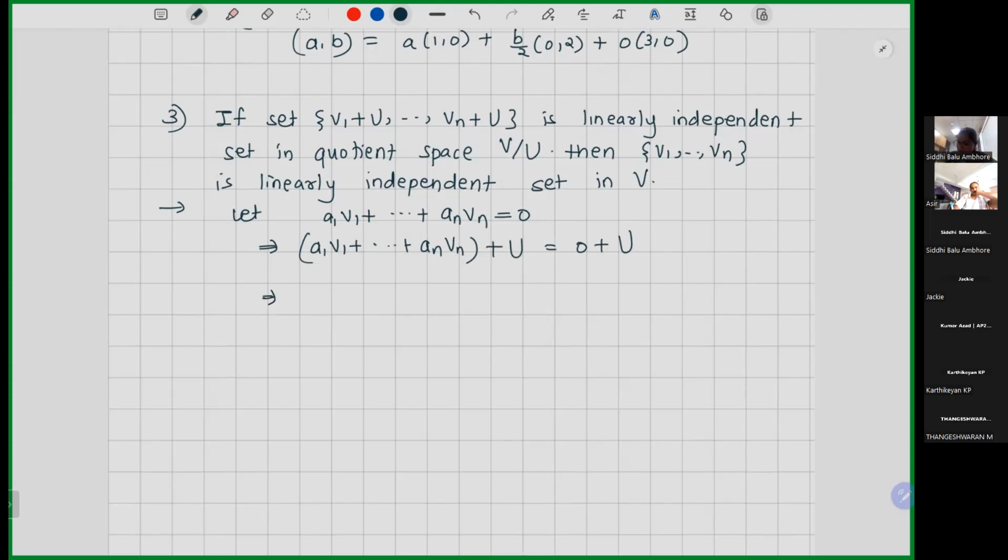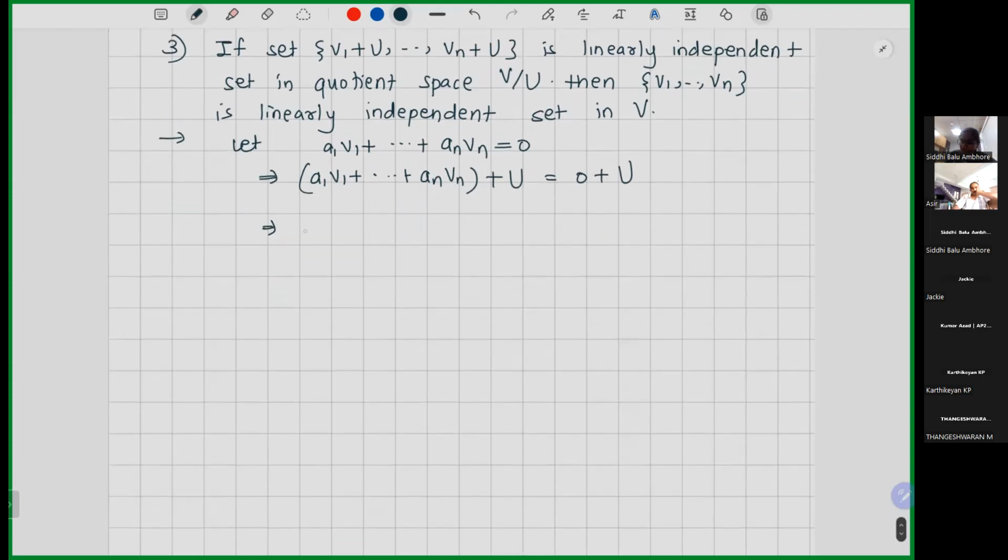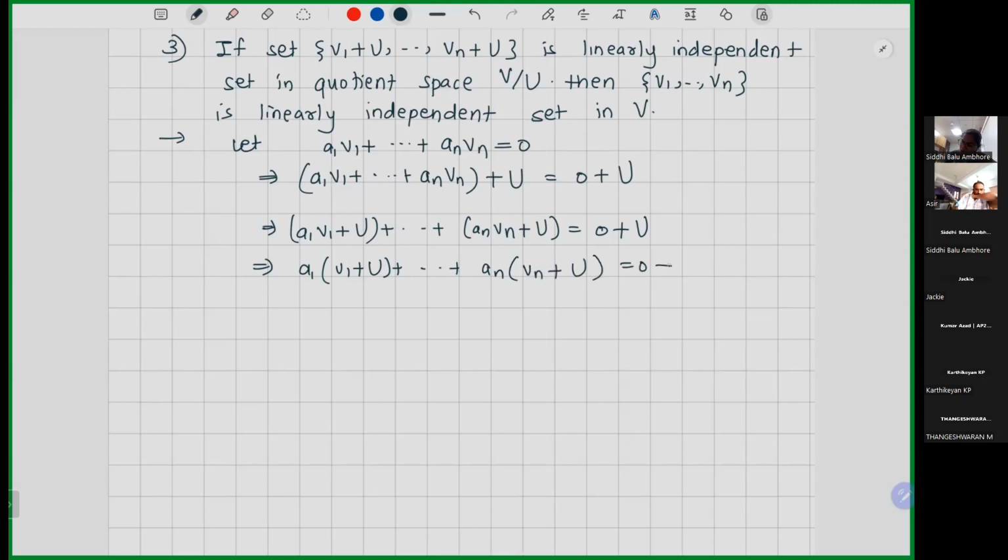Using the definition of addition in the quotient space, this implies that (a1 v1 plus u) plus up to (an vn plus u) is equal to 0 plus u.